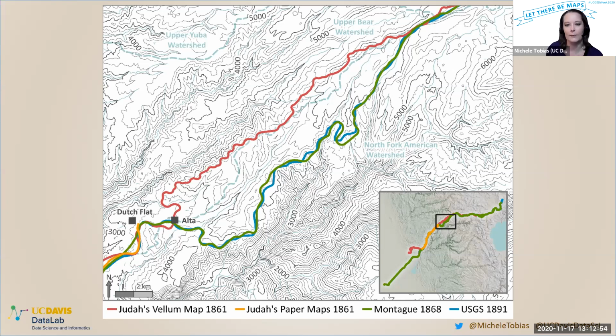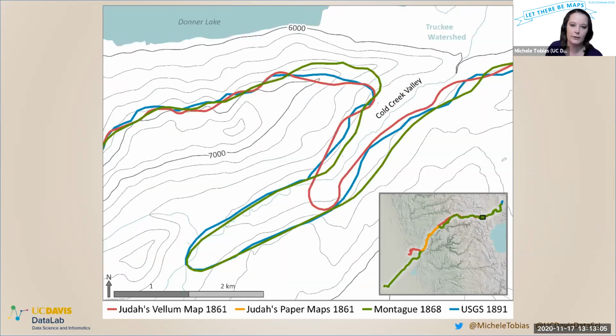And so that really didn't make sense in reality. So that's why it went on the southeast side of the canyon instead of where it had originally been planned. And again, here's another section where the plan was a little bit more conservative, and they ended up having to go further out in order to handle the grade of, in this case, Cold Creek Valley.